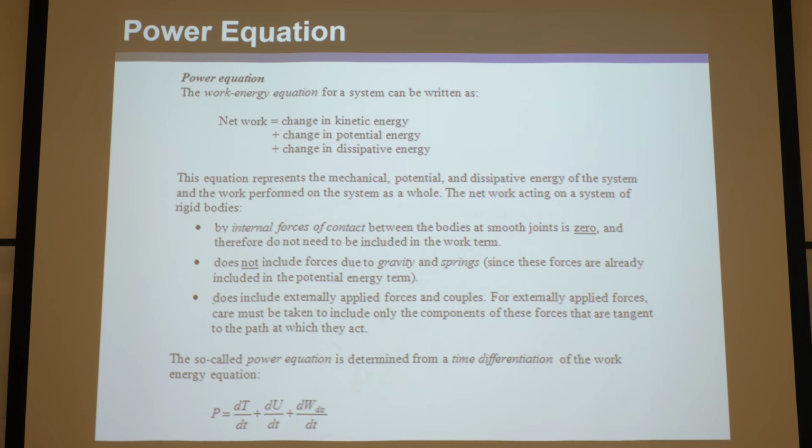Okay, the third point, it does include externally applied forces and couples, of course. That's the network, okay? For externally applied forces, care must be taken to include only the components of these forces that are tangent to the path at which they act. So remember, when you're defining this left side, look at the slide where I introduced what work is from both a linear force perspective and a moment perspective.